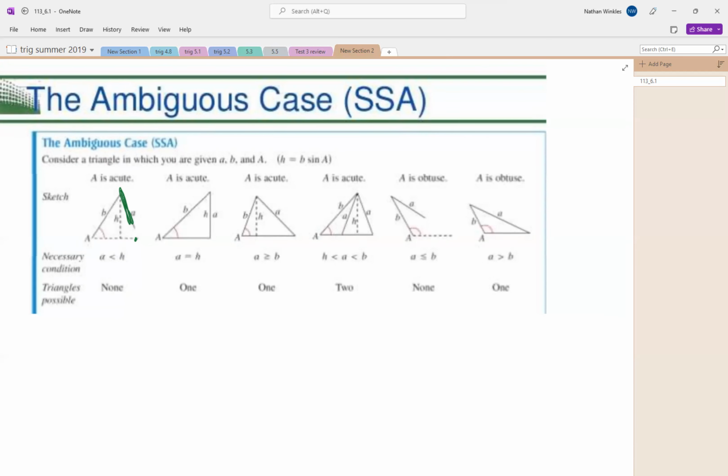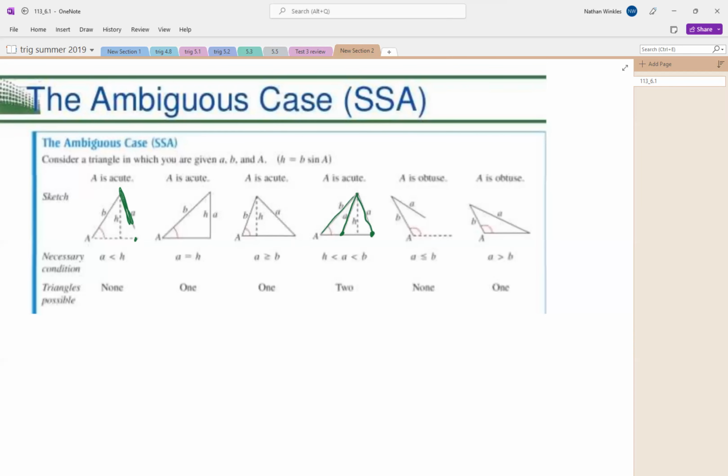Because if you notice, side A is less than side B. So if this side is less than this side, we're going to have a piece where we could have one here, and then we could also have one inside of here. We could create two different triangles. I believe we'll see a case like that in just a second.